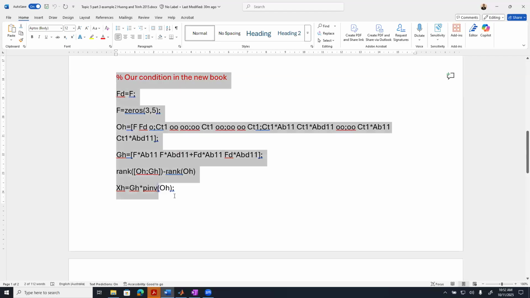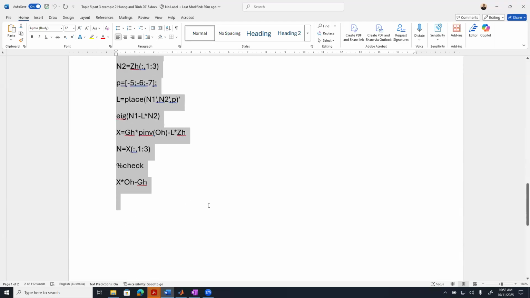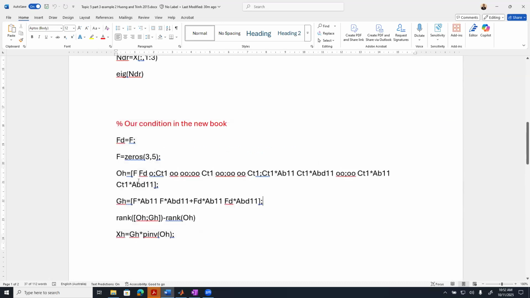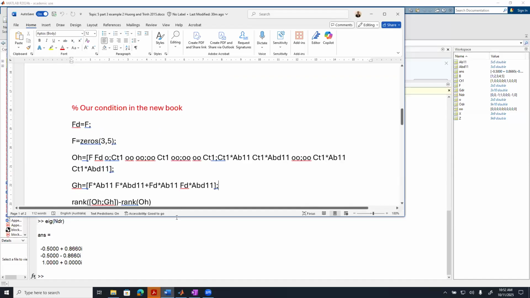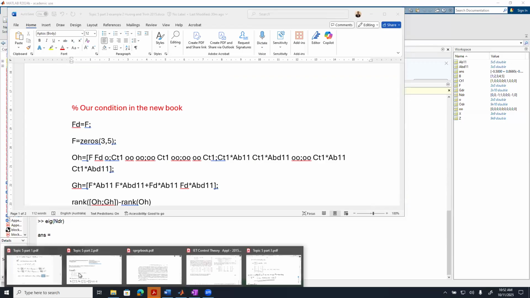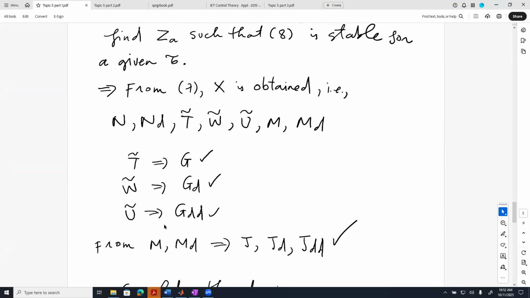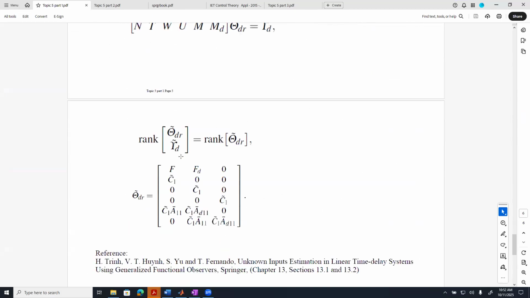So this is basically the condition. We just apply the existing condition from here, which is the matrix OH, as we call it, and OH is the one that is given in here, which is this matrix.